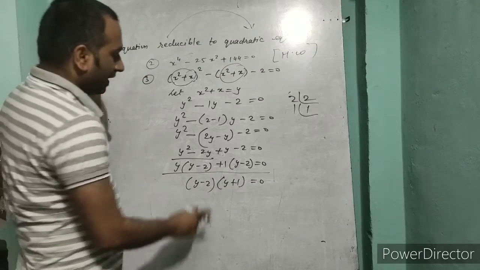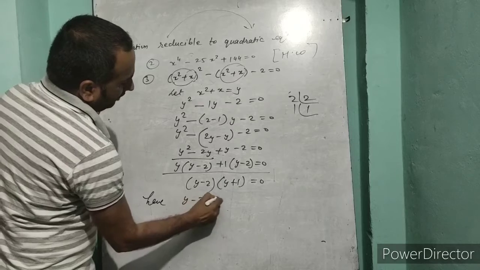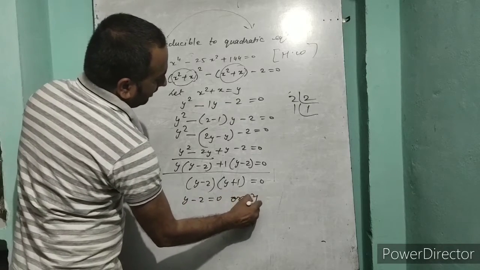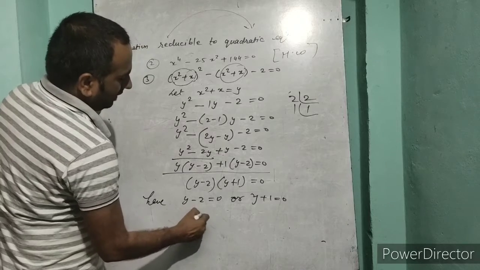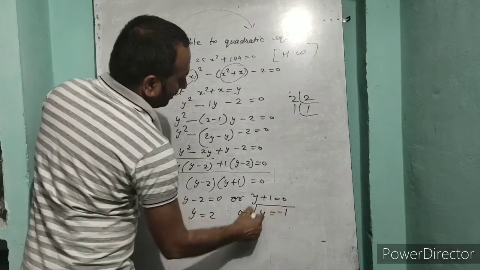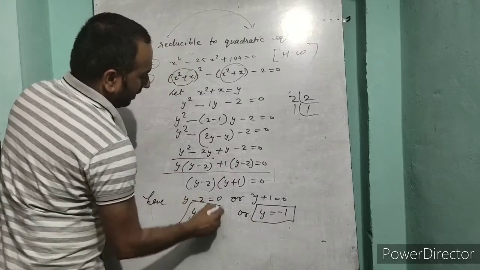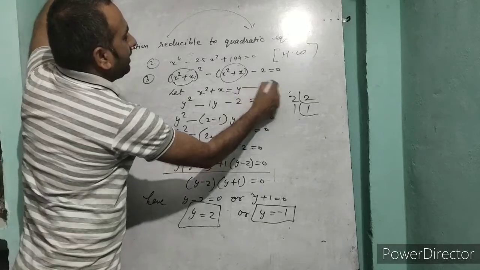So the values are: first y minus 2 is equal to 0, or y plus 1 is equal to 0. So we will get y is equal to 2, and here y is equal to minus 1. Now see here, put the value of y.